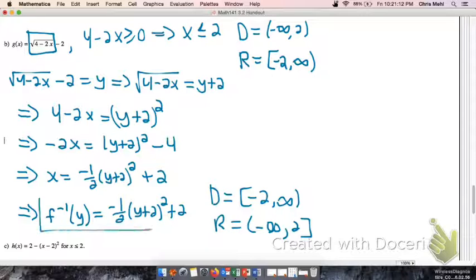Okay, so there's my inverse function, and the domain and range is just the domain and range of the original function swapped. Now, I'm going to go ahead and plot this on Desmos. So let's go ahead and do that.